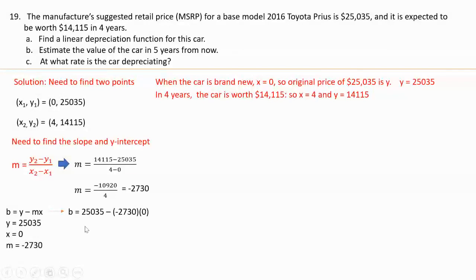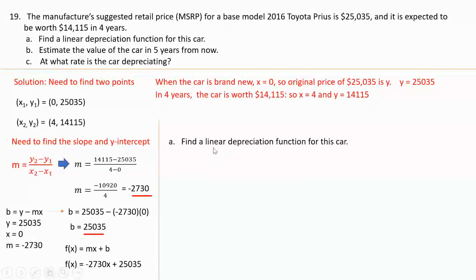After I simplify, it's going to give us B equals 25,035. So there's my M, and there's my B. Plug them in. There's my equation for part A. So here's my linear depreciation function for this car.